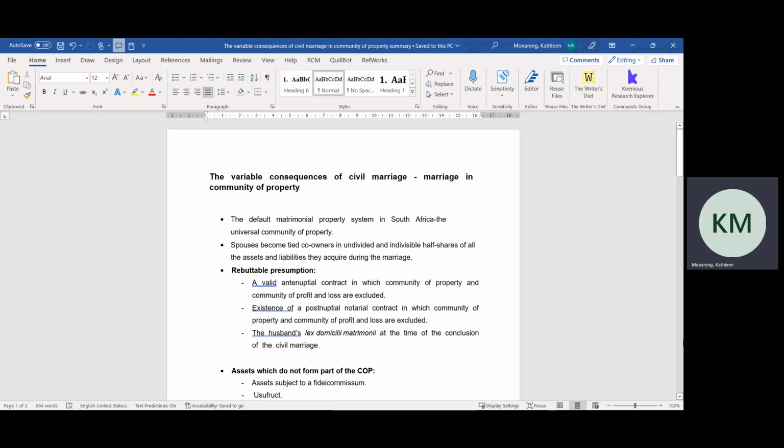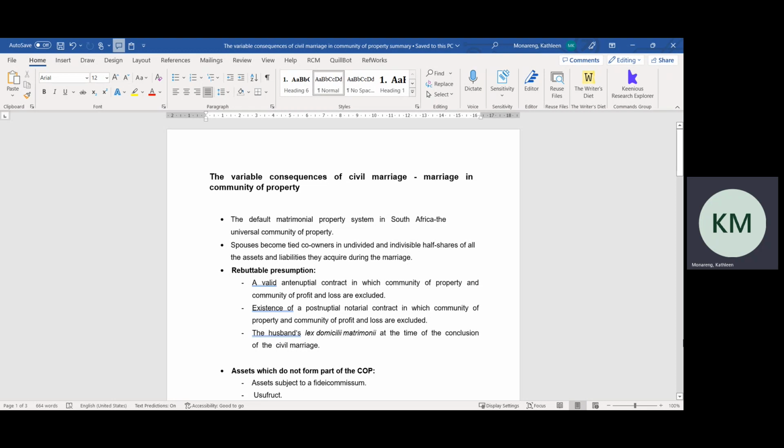But when a South African woman enters into a marriage with a non-South African, let's say a Zimbabwean partner, the marriage will automatically be out of community of property, even if they don't have an anti-nuptial contract, and even if they enter into a marriage in South Africa.